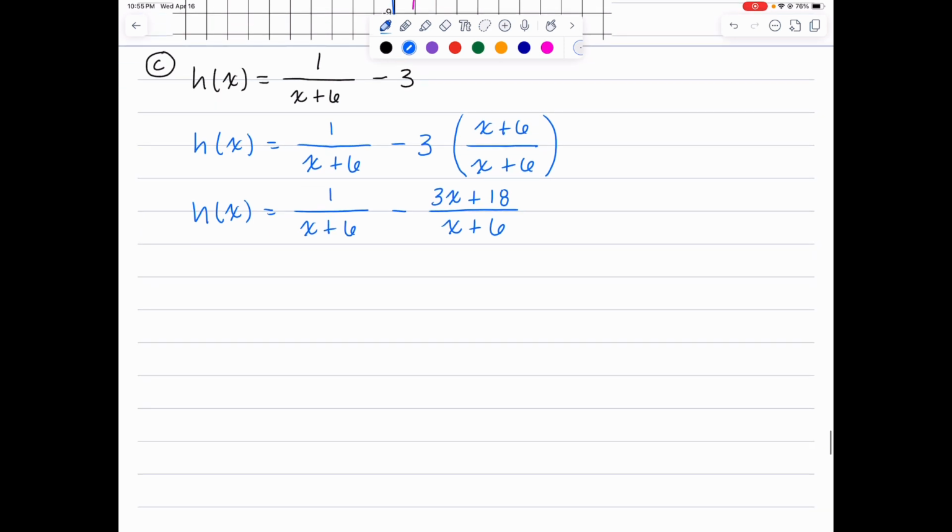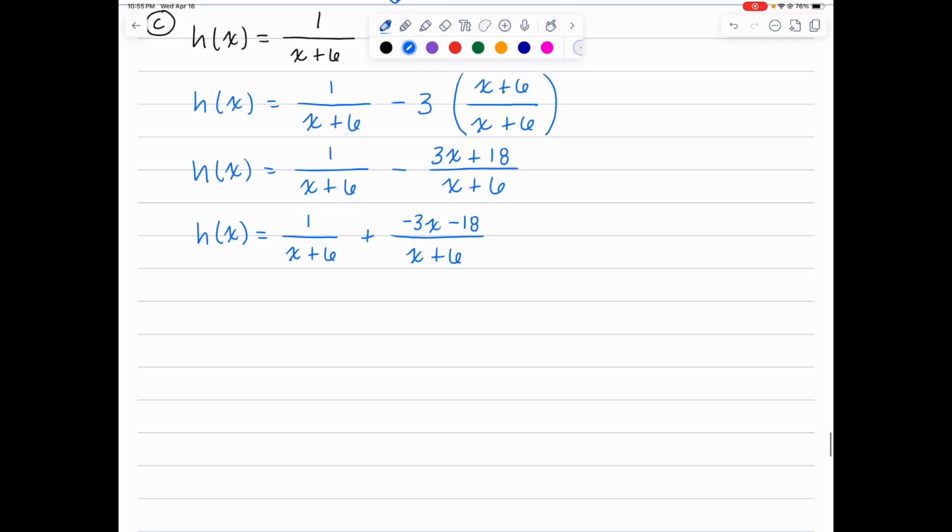So I have h of x equals 1 over x plus 6 plus negative 3x minus 18 all over x plus 6. Now we can finally combine into a single fraction.